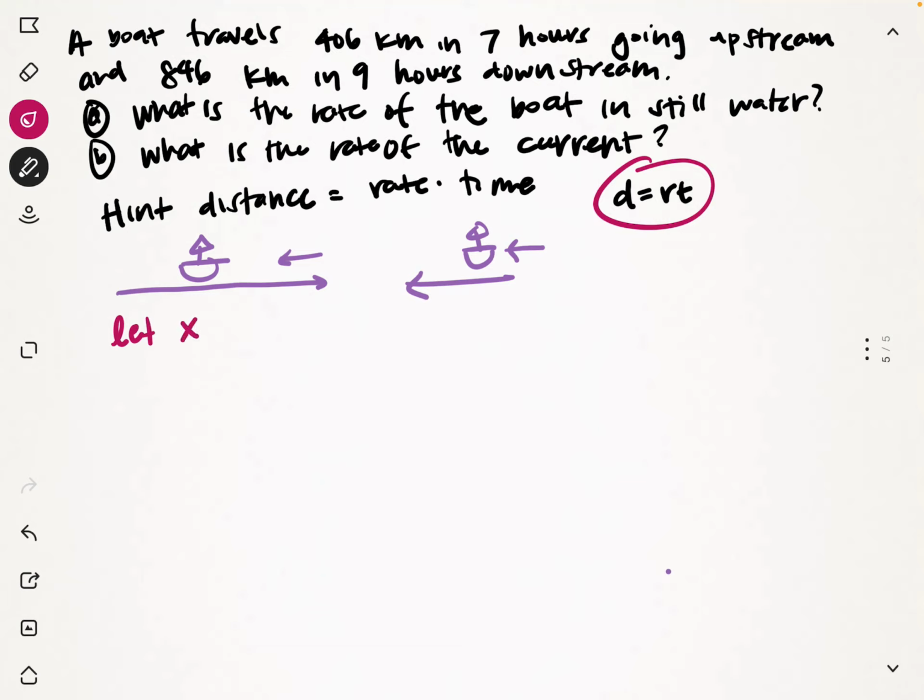Let's say B, let B equal the boat's speed, because it's asking us how fast the boat is going in still water. And the second one is the rate of the current. So let C equal the current speed.